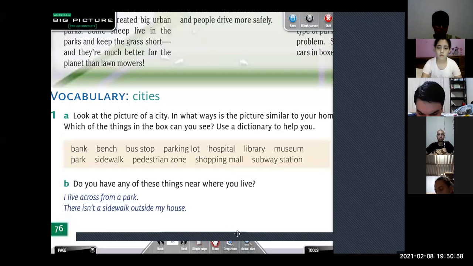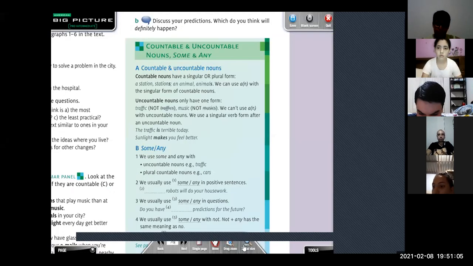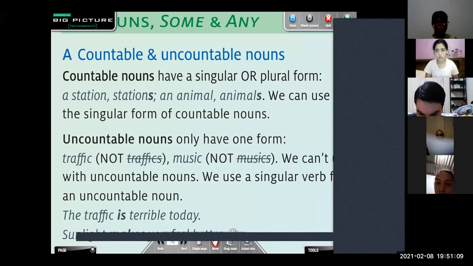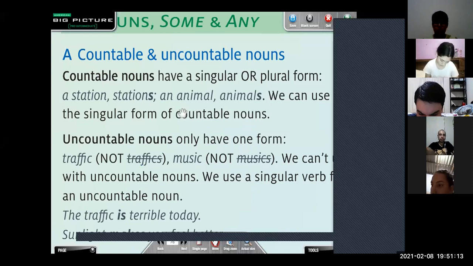Okay? So, let's see. Here we have the grammar panel in your book, and we are going to complete this, okay? It says, countable nouns have a plural and a singular form.